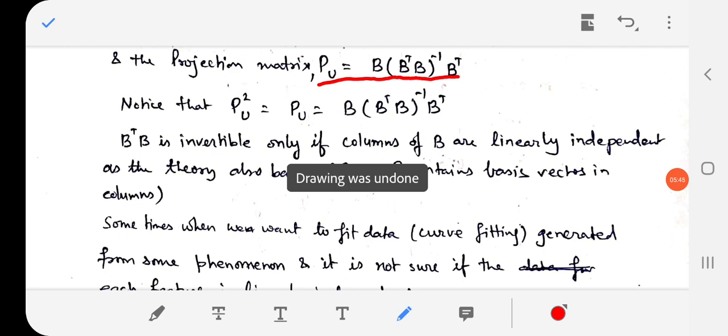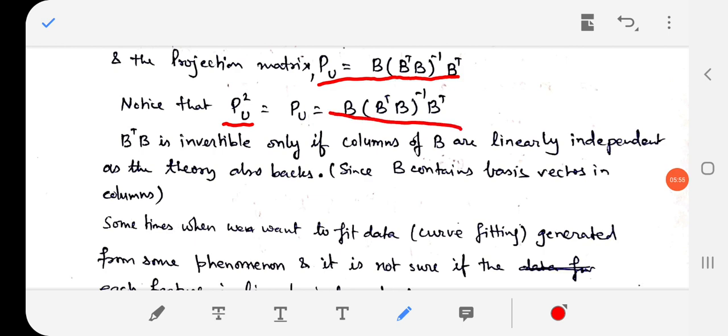Now interestingly, if you multiply the projection matrix by the projection matrix, you again get the same matrix. And why so? Because you are taking one projection and then that projection is the same projection. You cannot change this projection anymore. So that has this property.